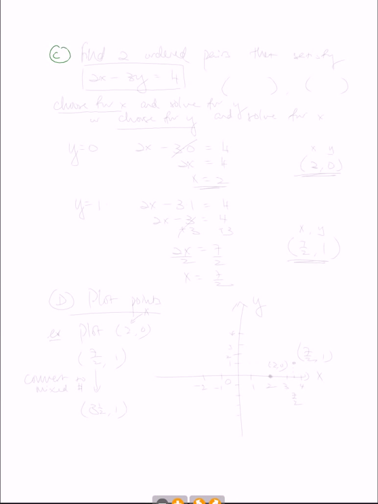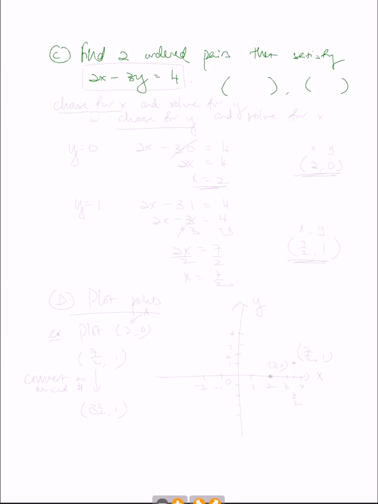The way we ask the question will be like, can you find 2 ordered pairs that satisfy 2x minus 3y equals 4, let's say. So this time we're giving you the freedom. All we want is 2 pairs.